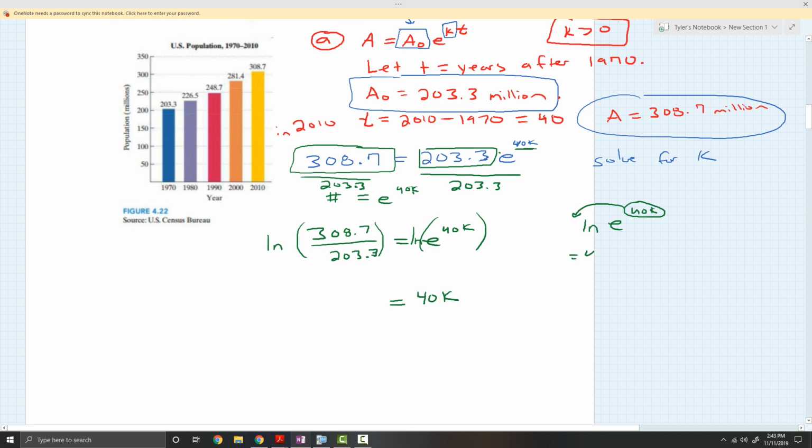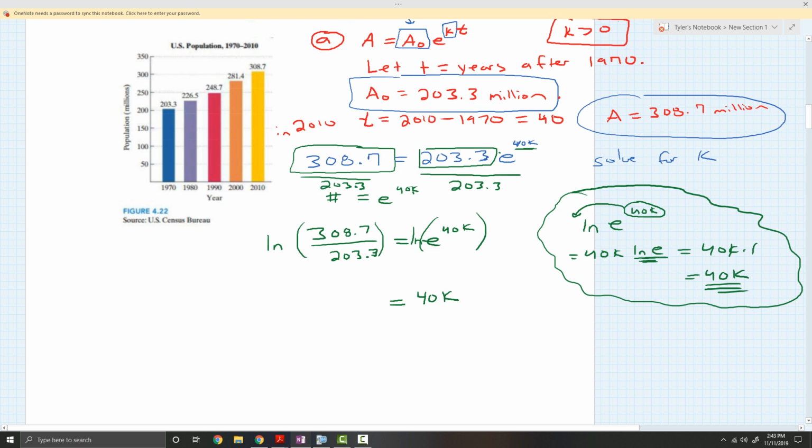That would give me 40 times k times the natural log of e, and the natural log of e, of course, is just 1. So that's just 40k times 1, which is just 40k. This is kind of like my side work. You could work it out like that as well if you didn't remember how to go from here to here.